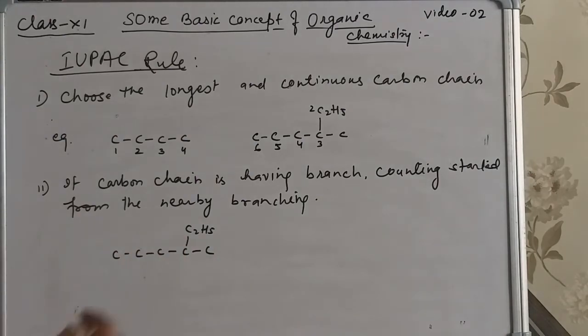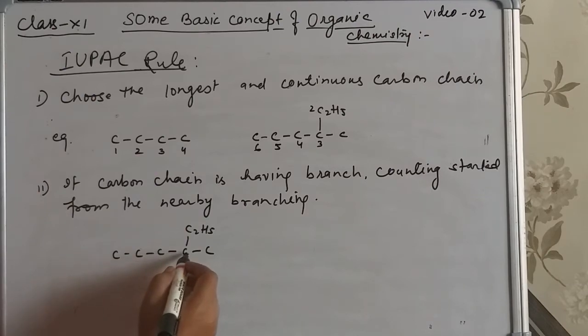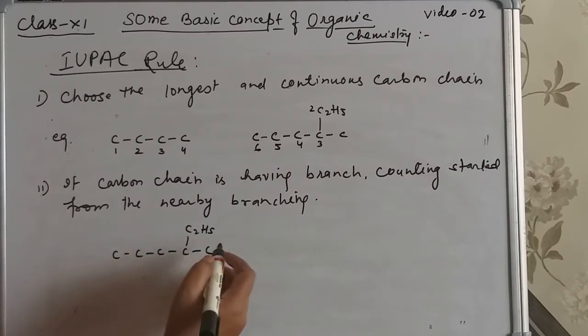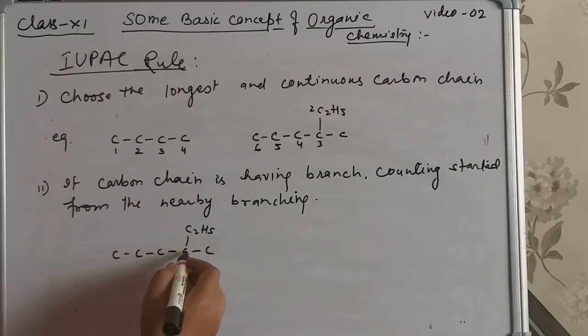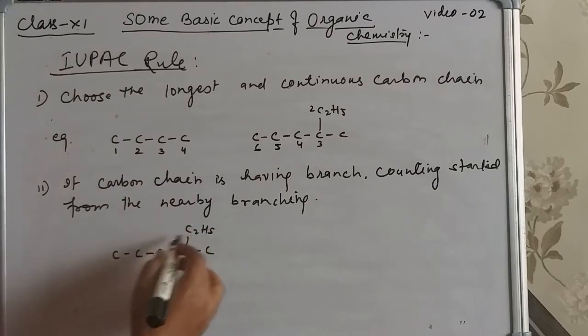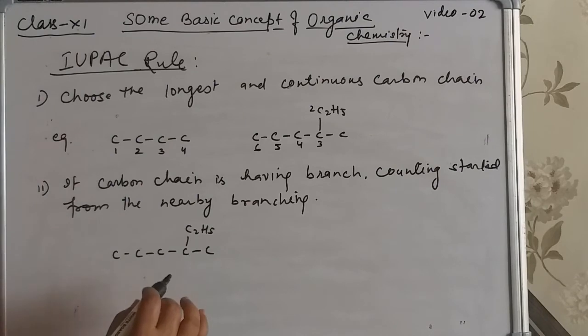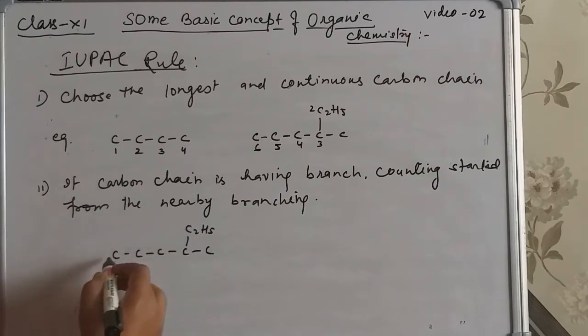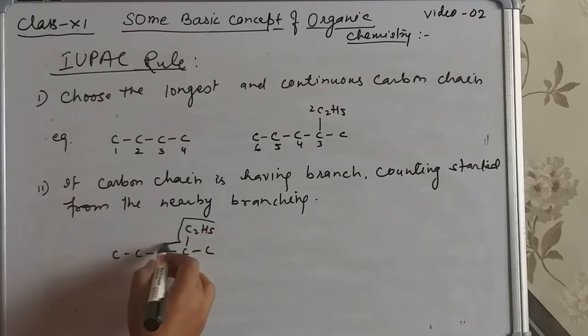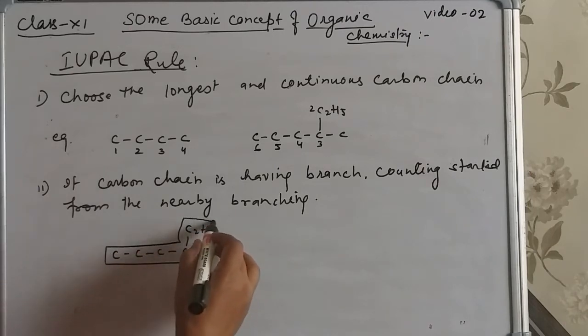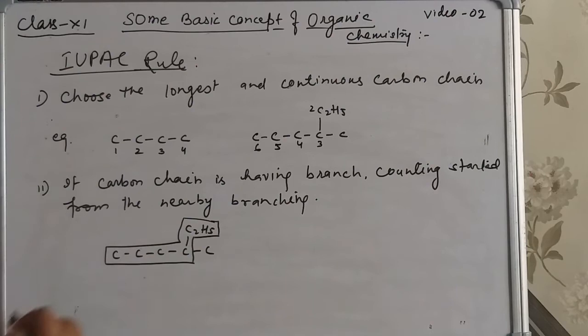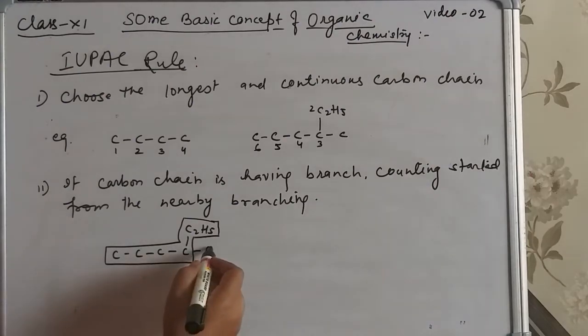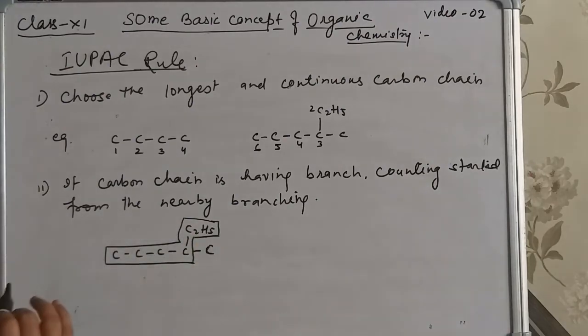So if we count from this side 1, 2, 3, 4, the branching of this particular parent chain comes at the 4 position. But first we select the longest carbon chain as the parent chain. So the longest carbon chain is 2, 3, 4, 5 and 6. So this is our parent chain, and this is the branching of this particular carbon chain.